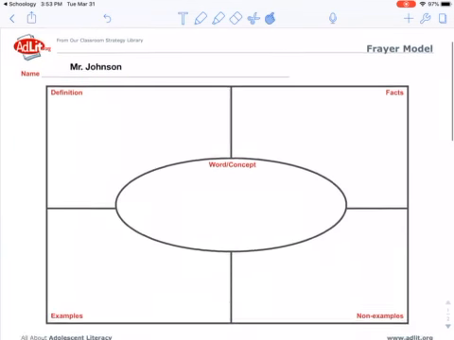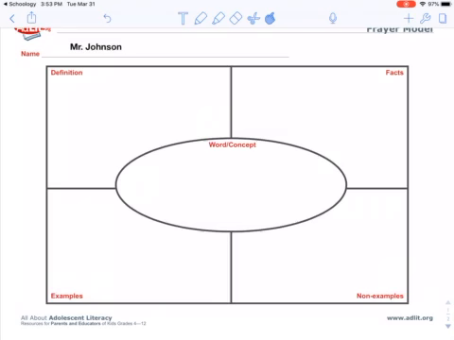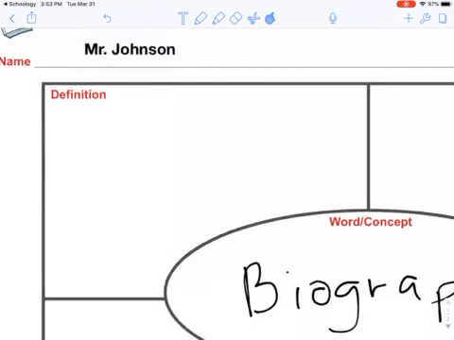And then you're going to notice this looks really similar to the things that we have done in class with our vocabulary words. So right in the middle, I'm just going to write the word biography. As we are reading a picture book all about Amelia Earhart, I want you thinking about this Frayer model. We are going to be given a definition again. What is a biography?